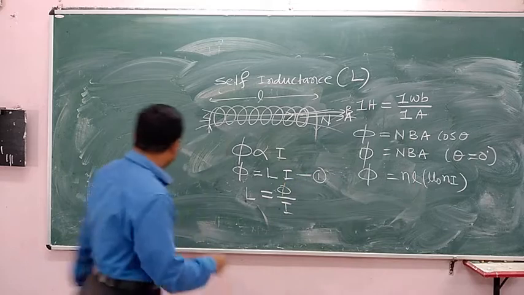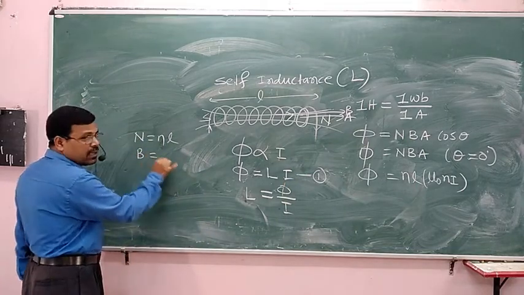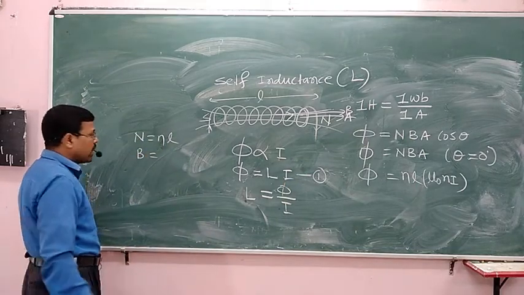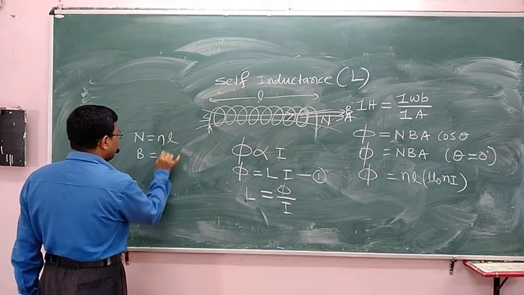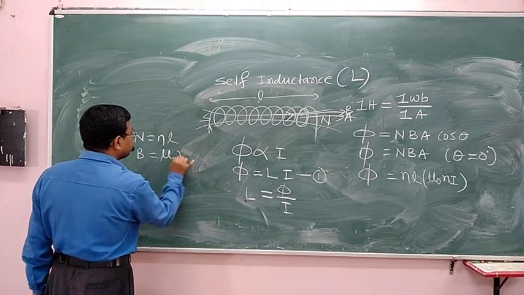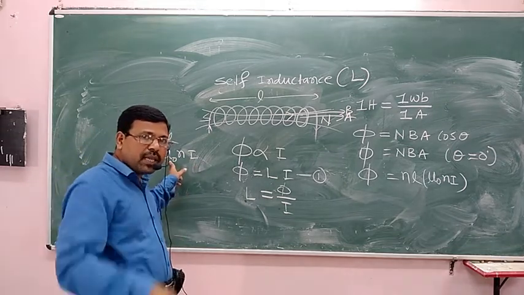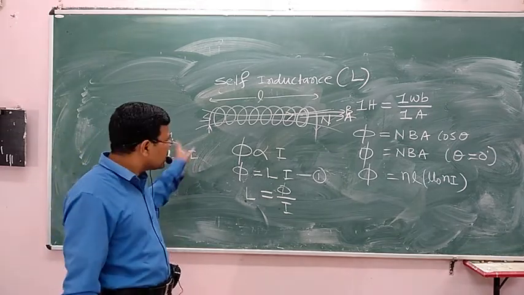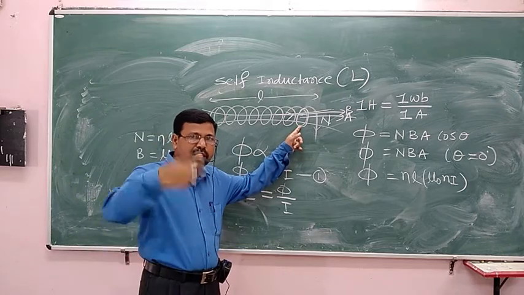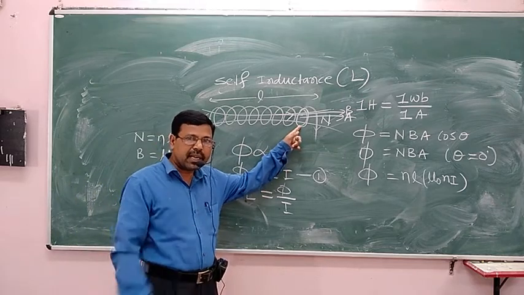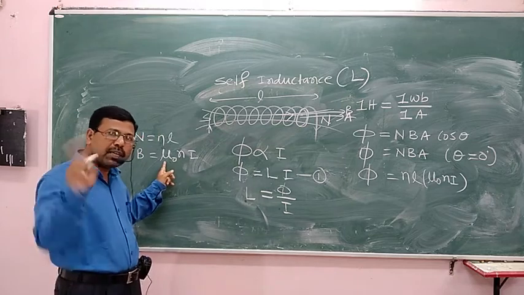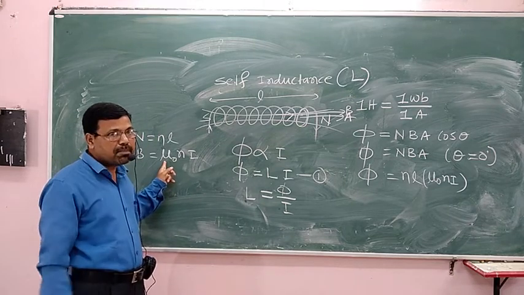What is B? B is the magnetic field produced inside the solenoid. What is mu naught? Mu naught is the permeability of free space. If free space is replaced by some material, then mu naught will be replaced by mu, the absolute permeability.